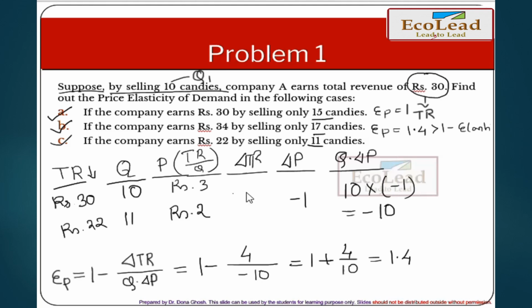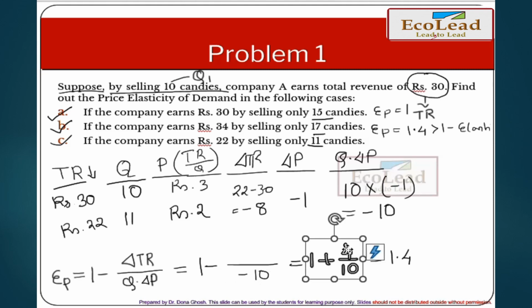Here the change in total revenue will be 22 minus 30, that means we will get a negative value, minus 8. The change in P will remain the same, that is minus 1. Therefore, Q and del P will also remain the same, that is minus 10, because in the previous case also the initial value of Q was 10. If we put the values in the formula, only the numerator will change, and also the sign.